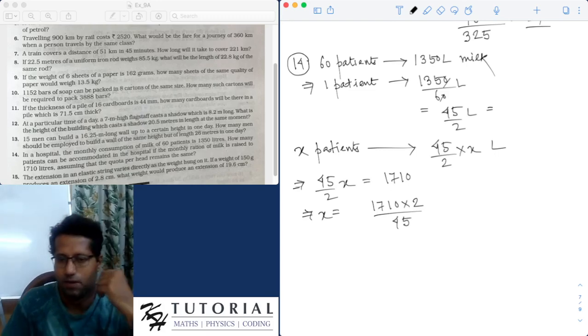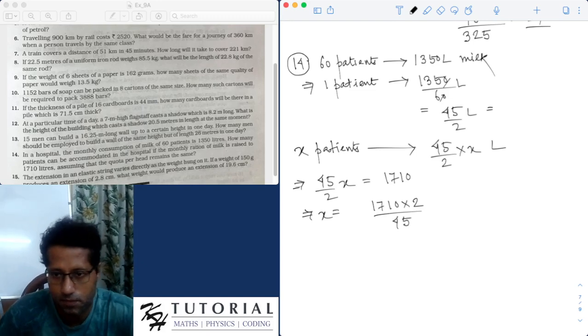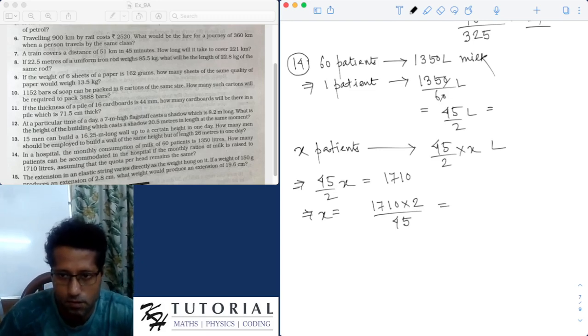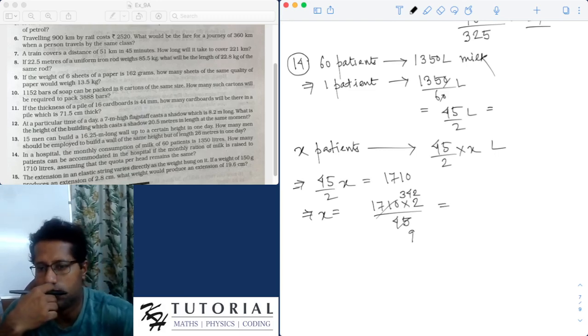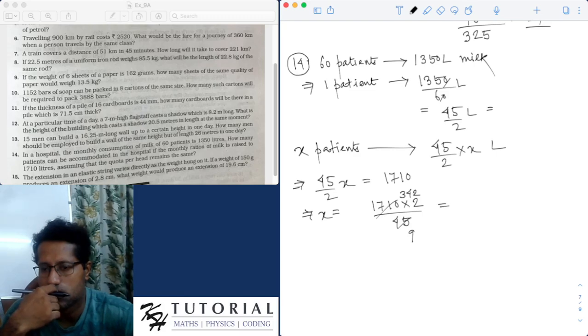So these liters of milk will be consumed, and we have to simplify this. 5, 9 and 5, 3, 4, 2, and 9.